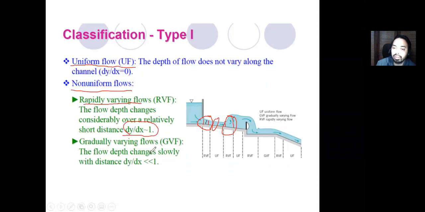There are also gradually varying flows, where the flow depth changes slowly with distance, like this one. The flow depth changes slowly because the profile and also the relative depth over here change gradually with distance. So RVF is usually due to a disturbance, while gradually varying flow is usually due to the slope.